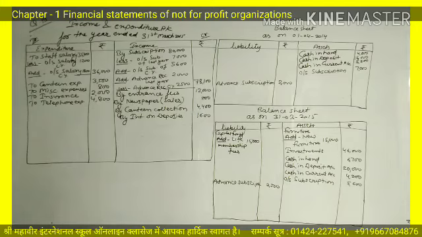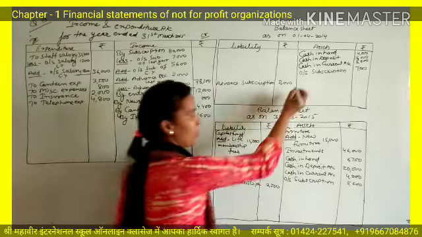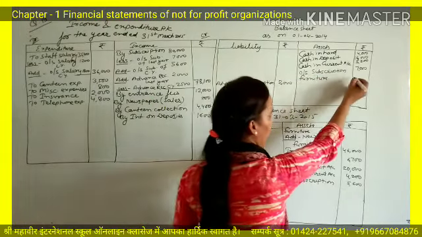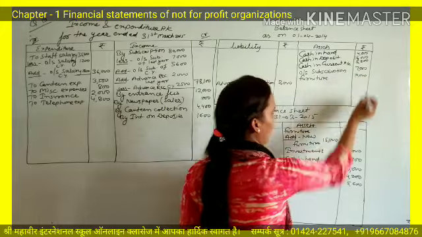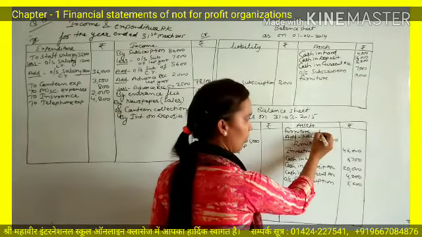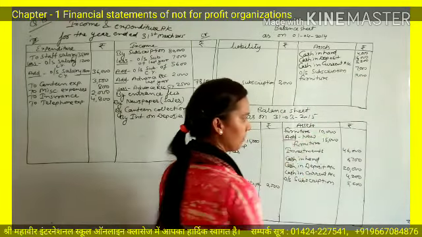Yes, let's move on to the fourth point. Furniture, opening balance of furniture is 10,000. So this opening balance will first be written in the opening balance sheet, that at the opening of the year you have 10,000 rupees furniture, and now in the closing balance sheet you will write here 10,000. The next point, sports equipments.